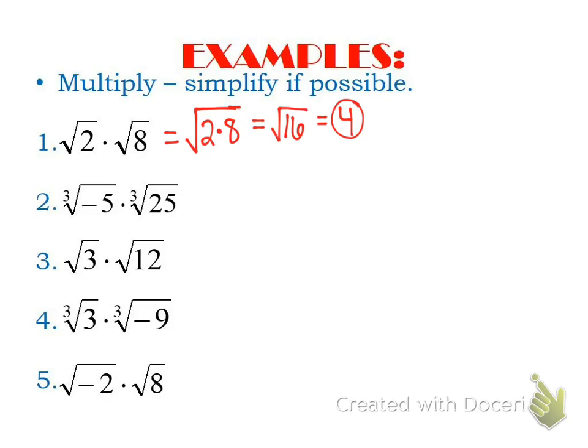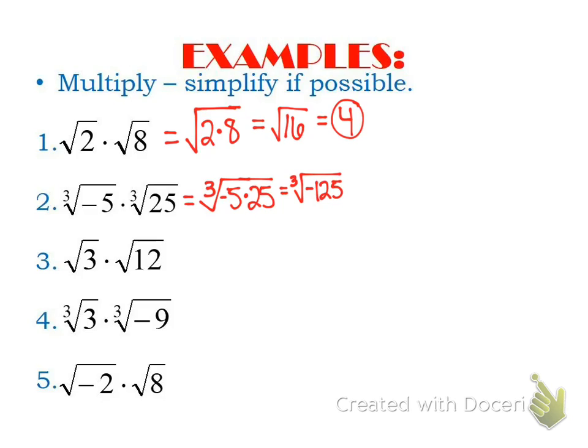On number 2, we are taking the cube root of negative 5 times 25. What is negative 5 times 25? Good, negative 125.